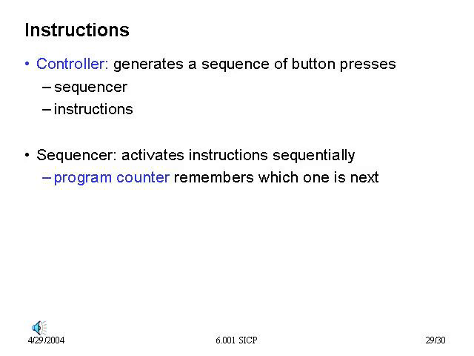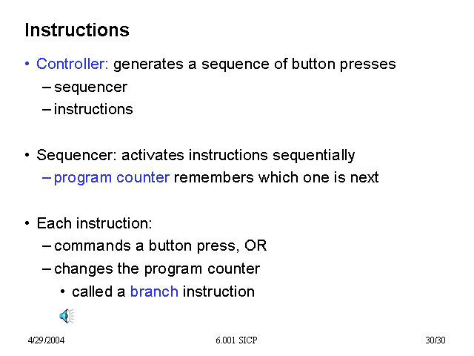The operation of this sequencer is to basically activate each instruction in turn, using the program counter to say where the instruction is, cause that instruction to be activated, which will generally open up a button and have some information flow through the machine, and then increment the program counter by 1, moving on to the next instruction. And it will keep doing that in order until it hits a particular kind of instruction.